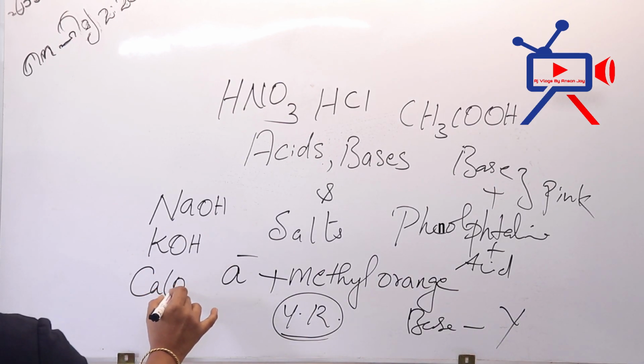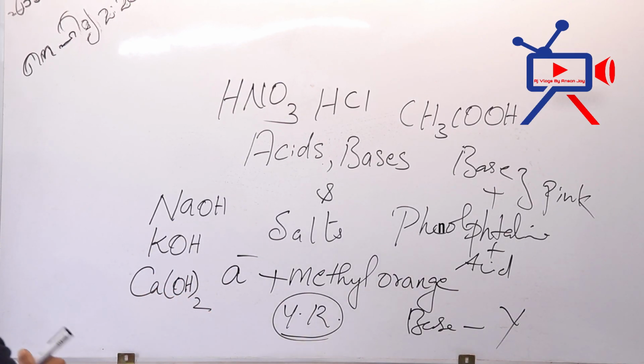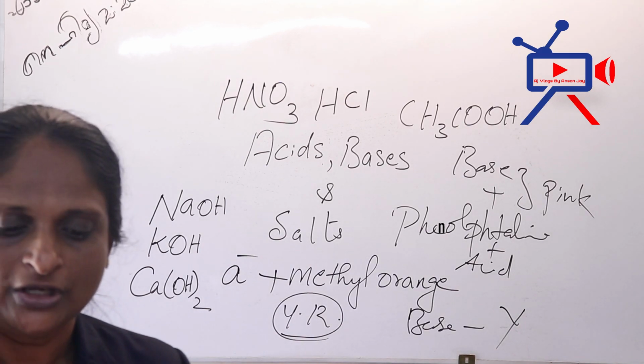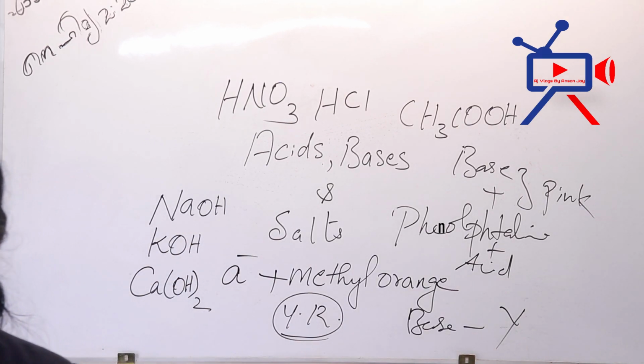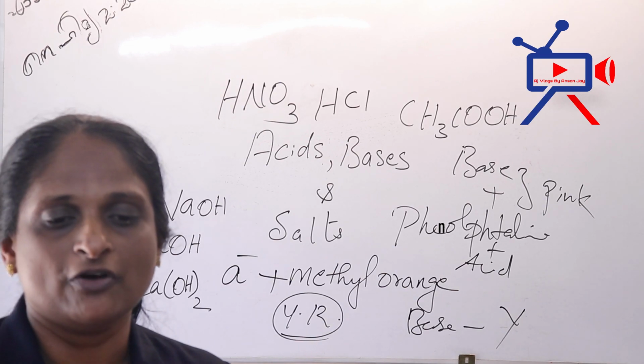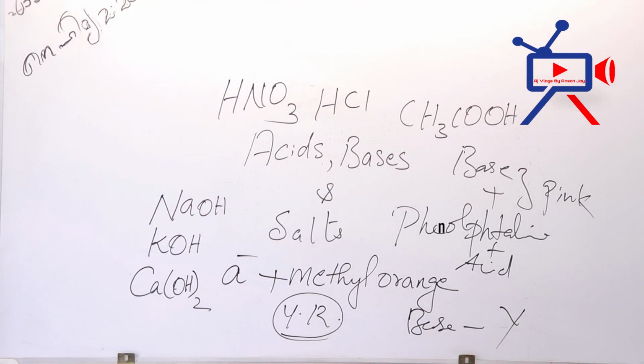Calcium hydroxide, Ca(OH)2, since calcium valency is 2. Magnesium hydroxide, magnesium valency 2, so its formula will be Mg(OH)2. We are already familiar with these acids and bases. In your notebook, write acids, their names and formulas, and bases, their names and formulas.